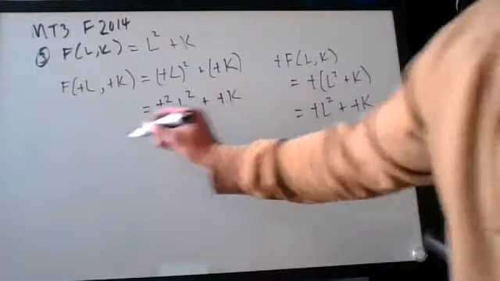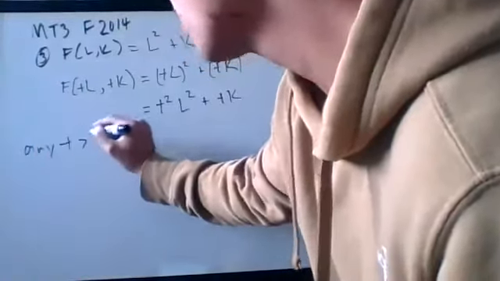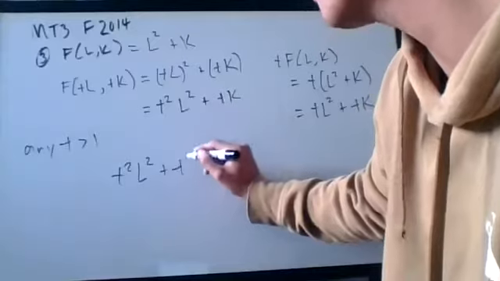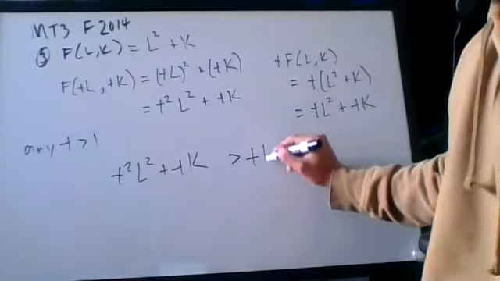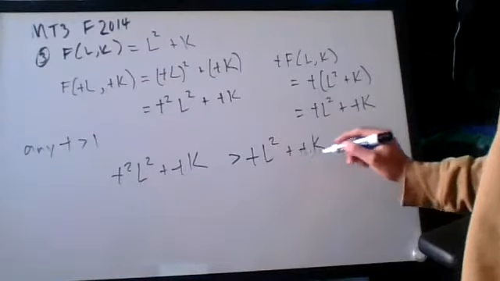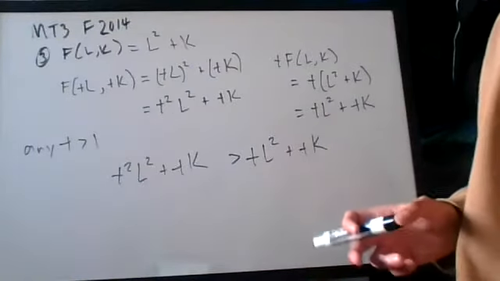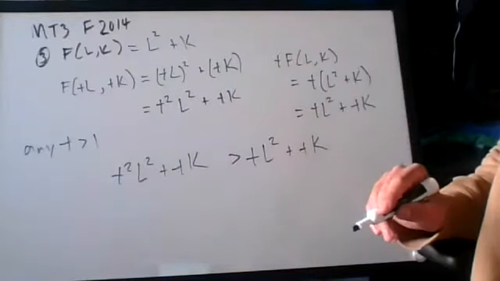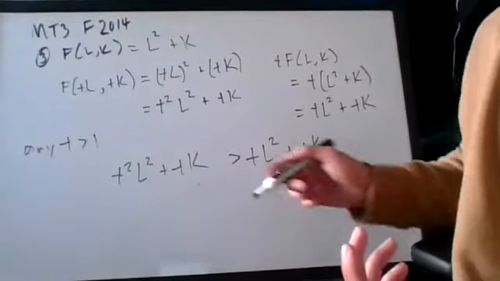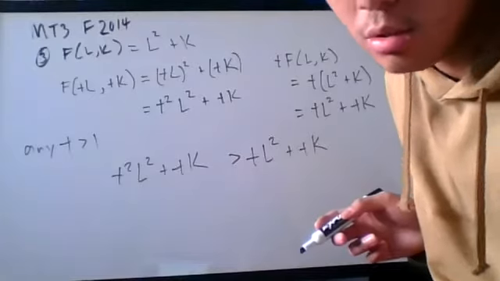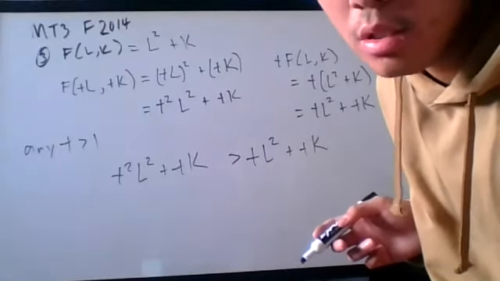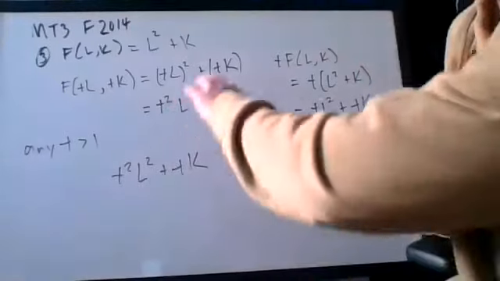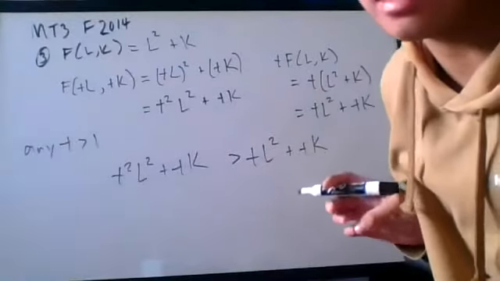But you can see that for any t greater than 1, t squared L squared plus tK is greater than t L squared plus tK. You can just plug in the number 2, for example, and see that this is true, or any constant that's greater than 1, but I think 2 works the best. So yes, we can do this for any kind of problem aside from Cobb-Douglas. That's exactly right.